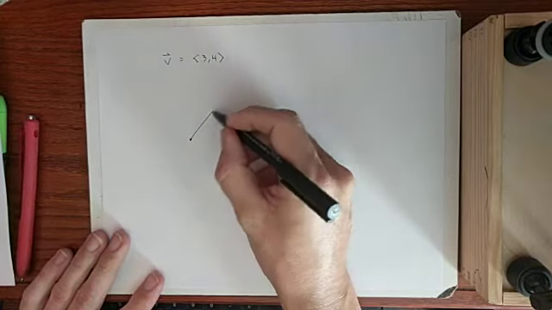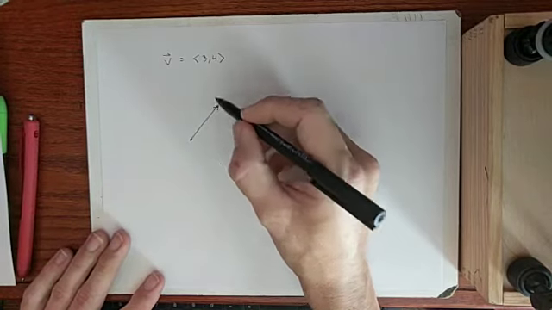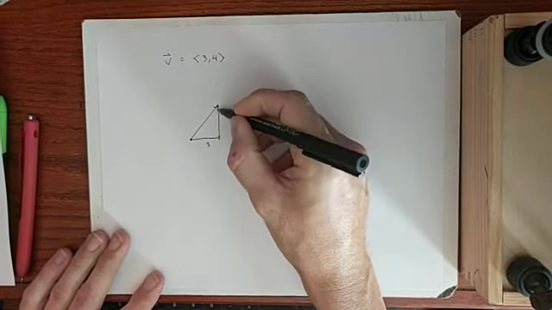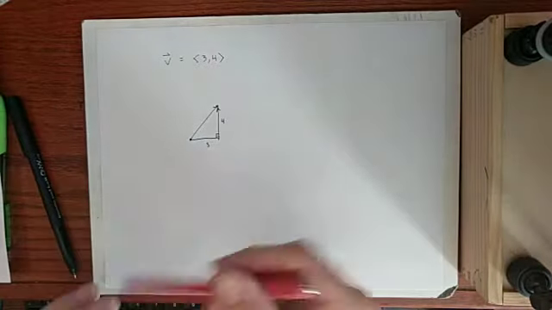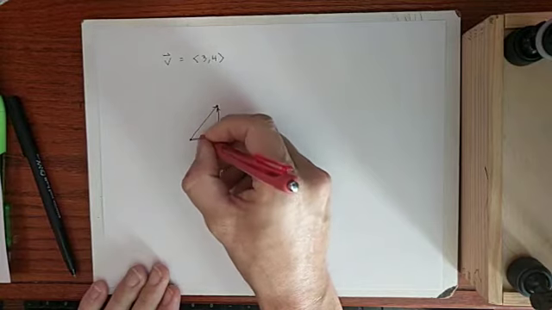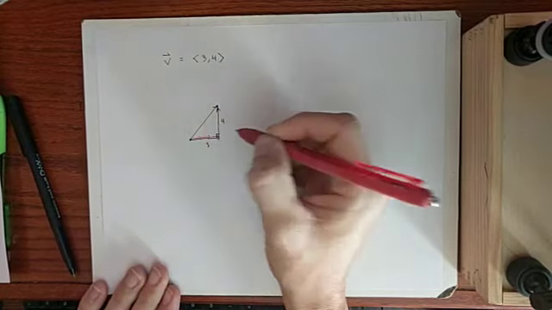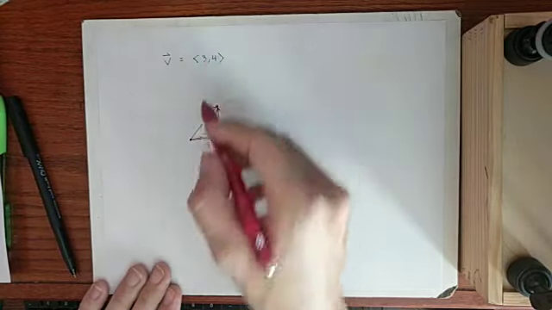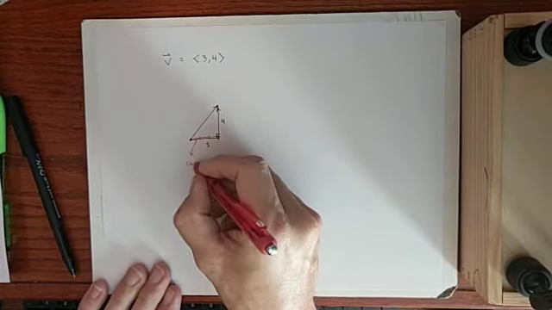So if we drew our initial point and our terminal point, we had the vector going like this, and this length was 3, and this length up was 4, we can divide these up into little units. So let's say that there's a vector that's 1 unit long, there's a vector that's 1 unit long, there's a vector that's 1 unit long. So this is 3 times what we call a unit vector.